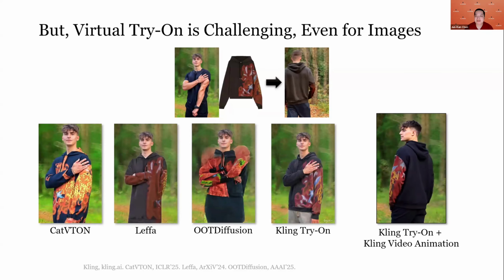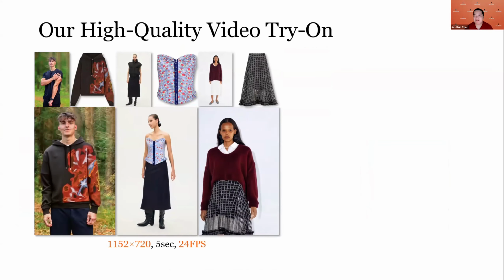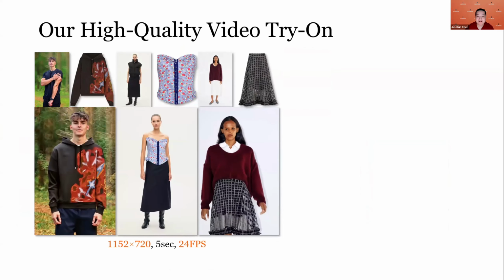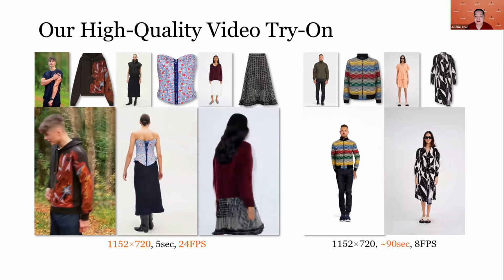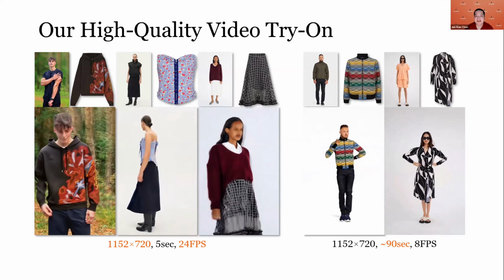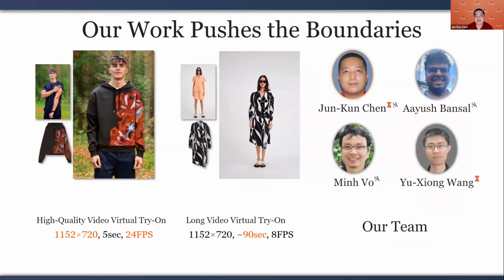In this presentation, we highlight our high-quality video try-on results that bridge the gap between virtual and on-site try-on. We not only achieve high-quality, high-FPS try-on on fixed 5-second videos, but also overcome the constraint of time and generate long videos of arbitrary length.